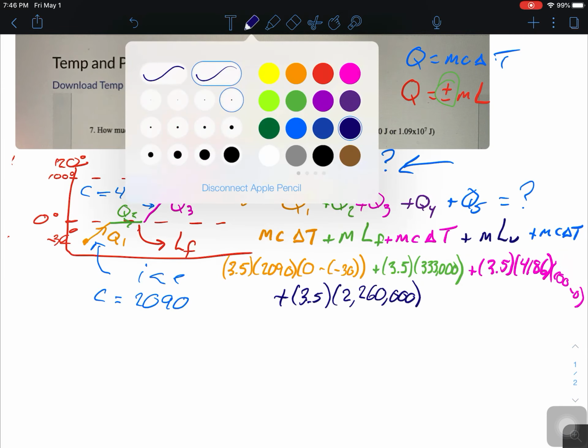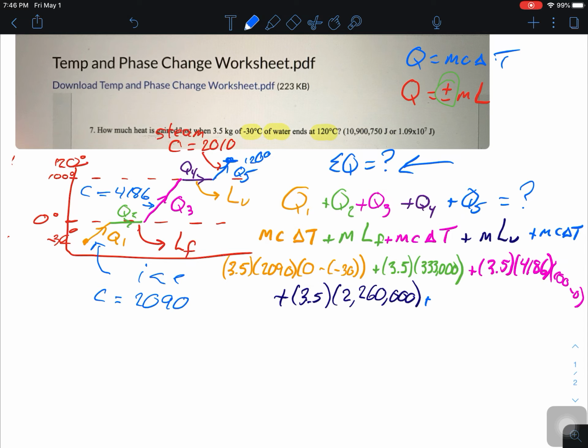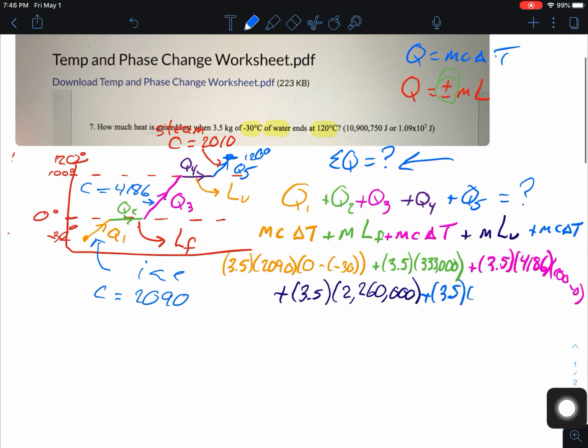And then last is Q5. It's going to be plus 3.5. Now this is the specific heat of steam. So when I look that up again, this is 2010. And it's the final temperature of my steam. So it stops at 120. So that's my final. But Q5 only starts at 100. So it's going to be 120 minus 100. And that's equal to that question mark. That's what we're solving for.